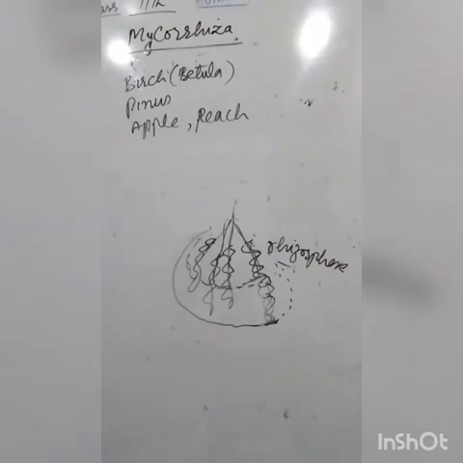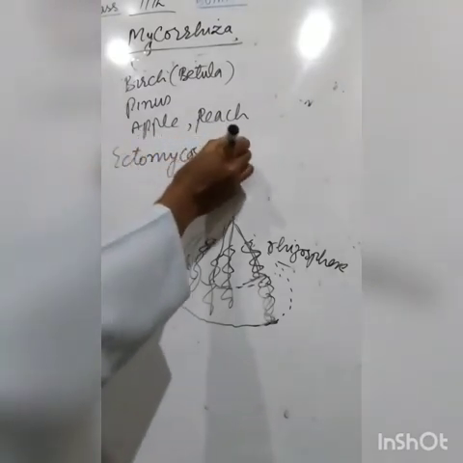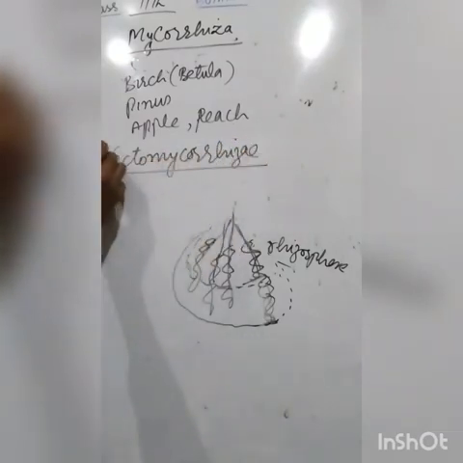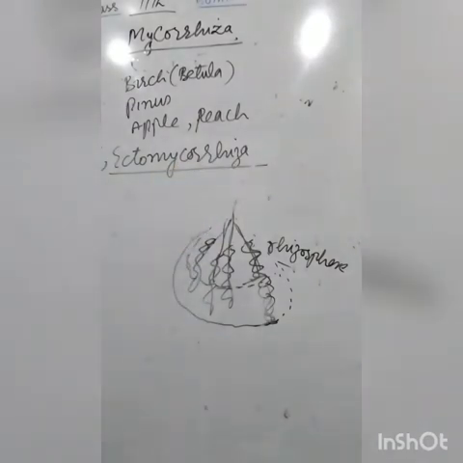Now, this mycorrhiza may be of two types. There is one that is called ectomycorrhiza. Mycorrhizae, Z-A-E, is the plural. In this type of mycorrhiza, the bulk of the fungus grows over the surface of the root as a mantle.